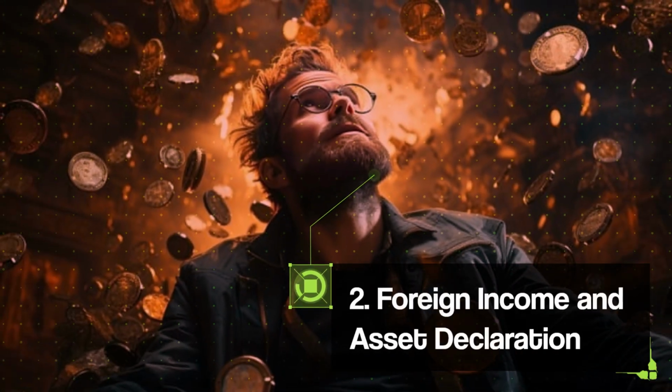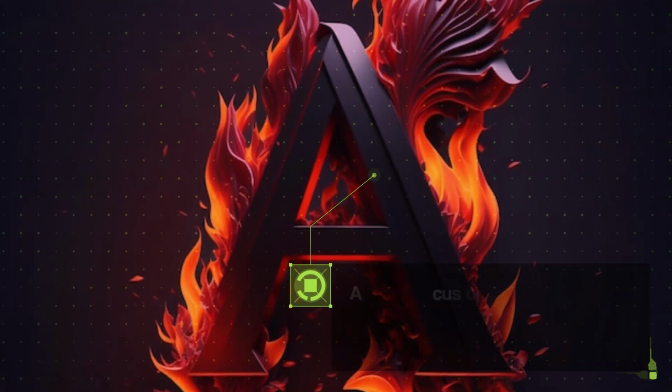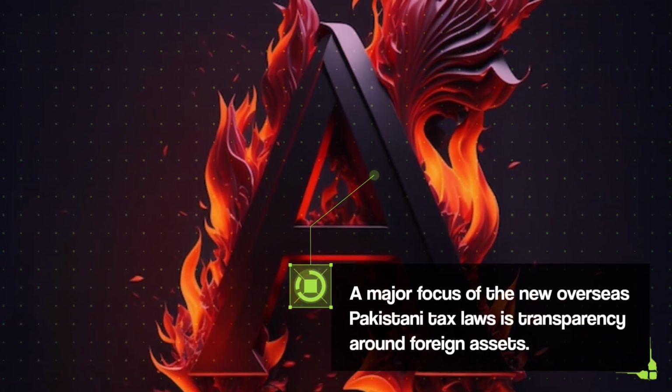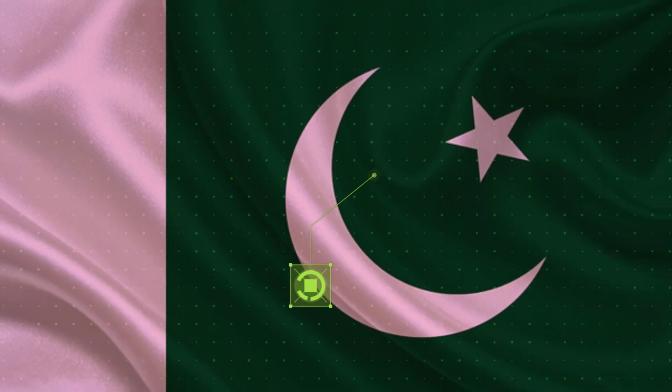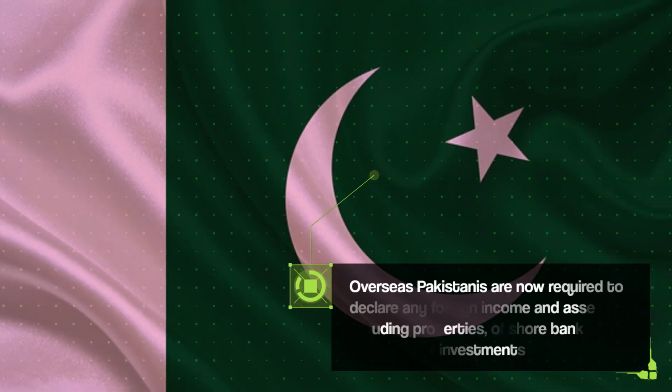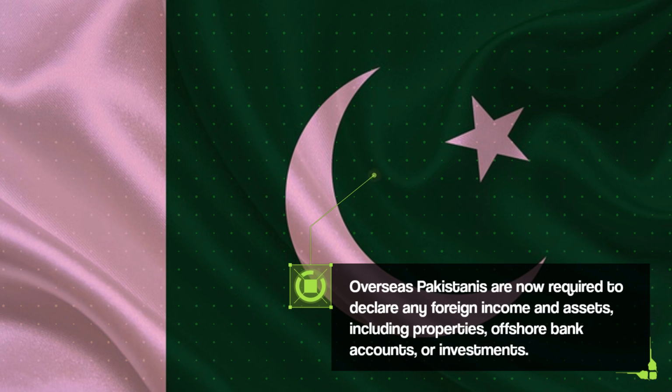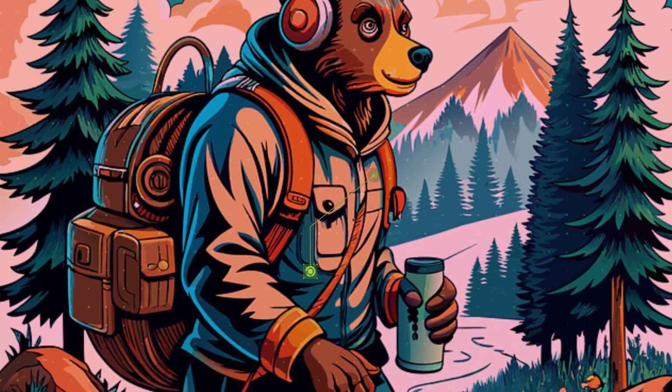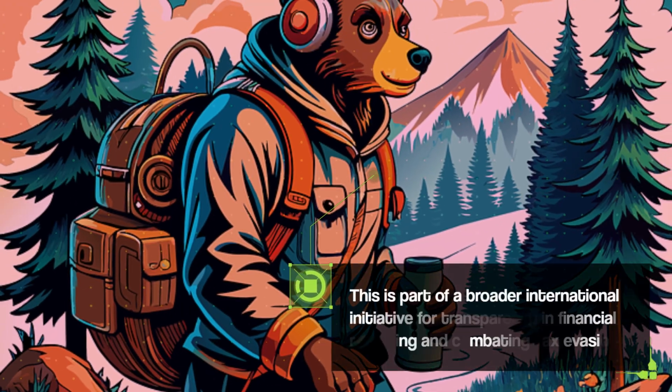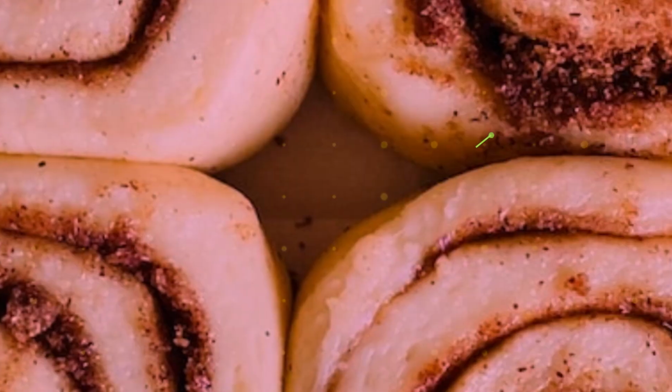2. Foreign income and asset declaration. A major focus of the new overseas Pakistani tax laws is transparency around foreign assets. Overseas Pakistanis are now required to declare any foreign income and assets, including properties, offshore bank accounts, or investments. This is part of a broader international initiative for transparency in financial reporting and combating tax evasion.